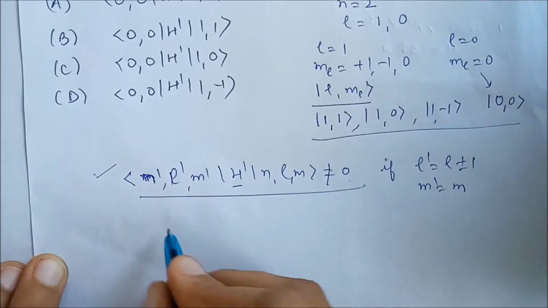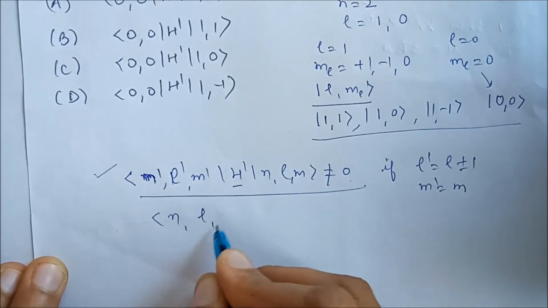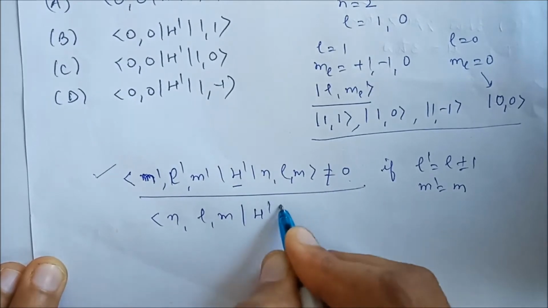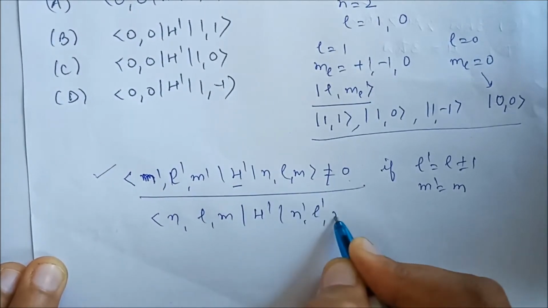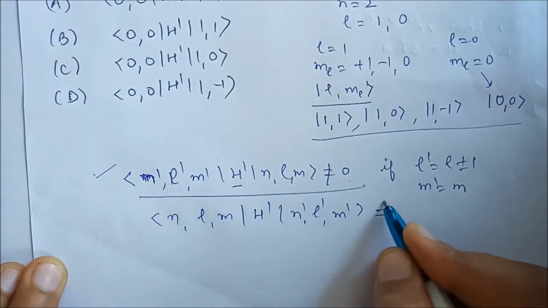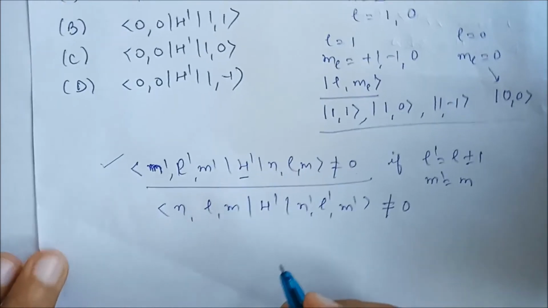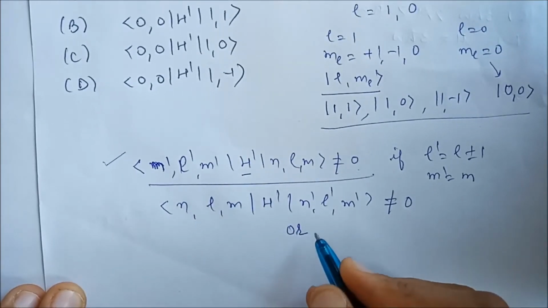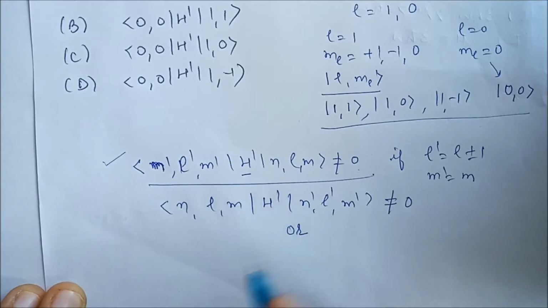Now we can also write this as <n, l, m|H dash|n dash, l dash, m dash> not equal to 0, or here n is equal to 2, so we can neglect n.